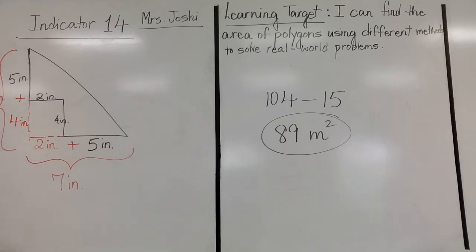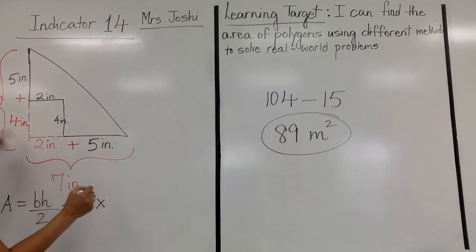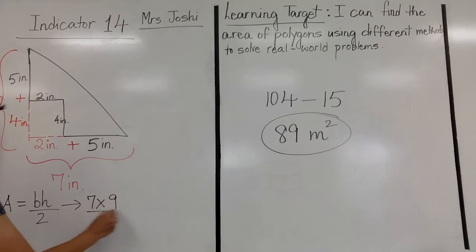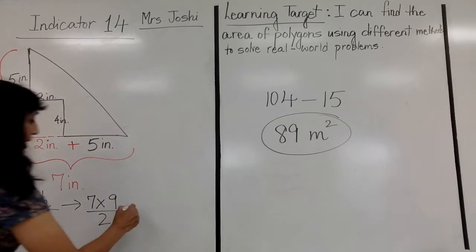Okay, so now what I can do is I can find the area of the large triangle, which is base times height divided by 2. So my base is 7, my height is 9, divided by 2. Now when I do 7 times 9, I get 63 divided by 2.